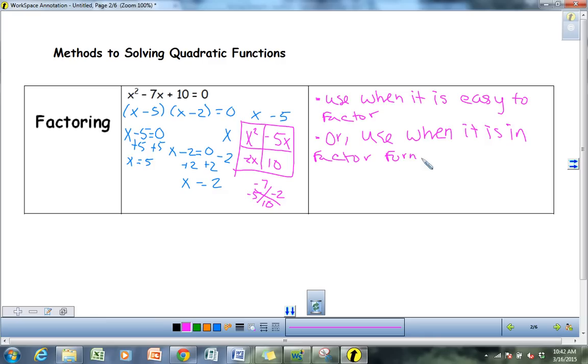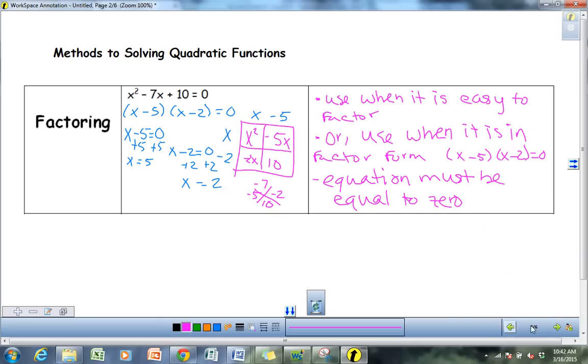So if they gave you x minus 5 times x minus 2 equals 0, we would solve by factoring and set each one equal to 0. Biggest part about this is that your equation must be equal to 0. If it's not, then you can't use this method. Or you can get it equal to 0.